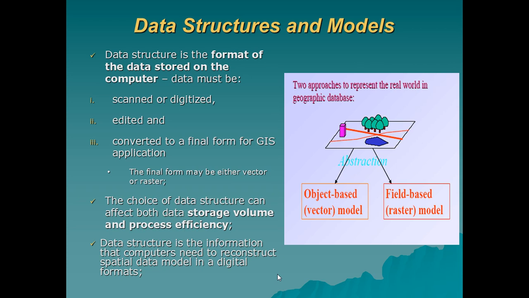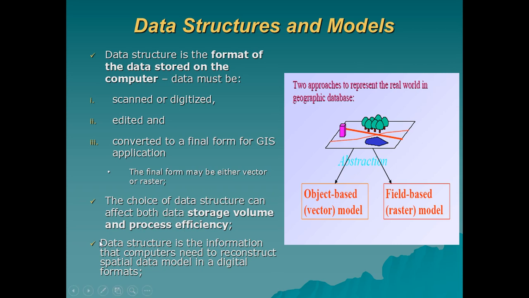But on the flip side, the raster data tends to facilitate faster and more efficient processing speeds than the vector, because the vector's data organization or data structure tends to be more complex than the raster.